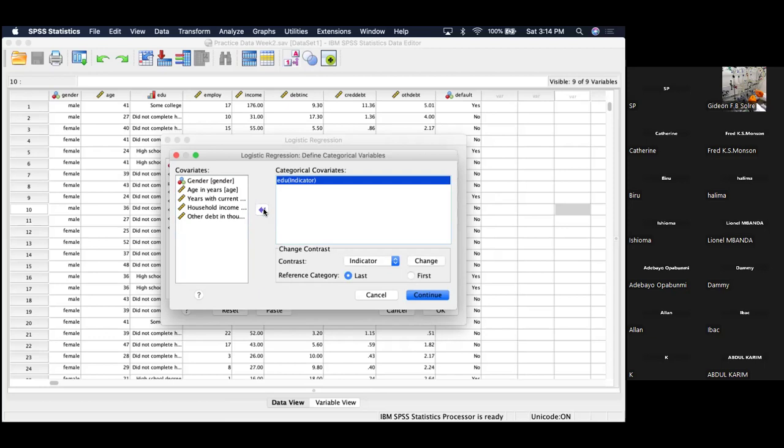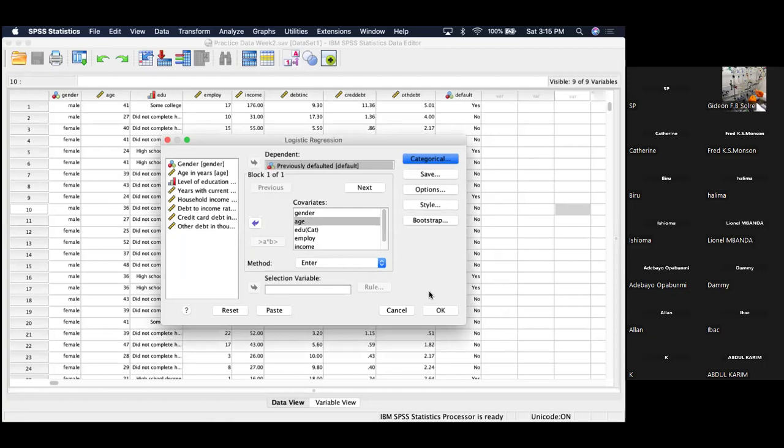Now, after moving it in, come down to your reference category, click on First, then Change so that the change is indicated here. Click on Continue. Then the next thing you want to do is Options.